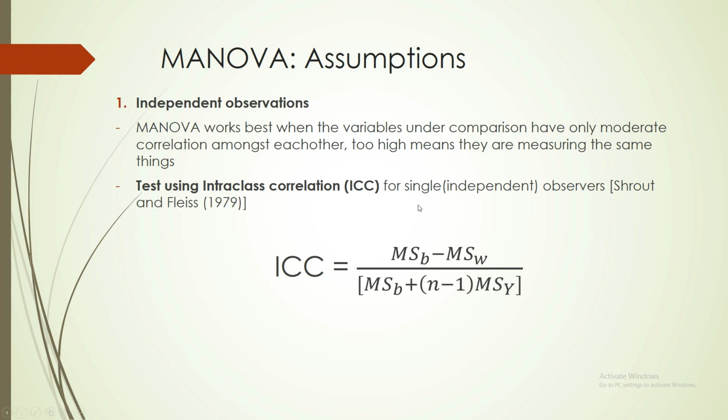And in order to test this, we can use the intra-class correlation value. These values can easily be calculated using R. And the ICC is a value between -1 and 1, with -1 meaning very strong negative correlation, and +1 being very strong positive correlation.